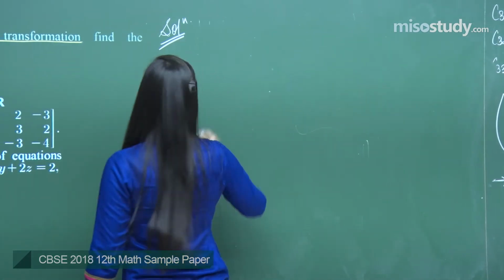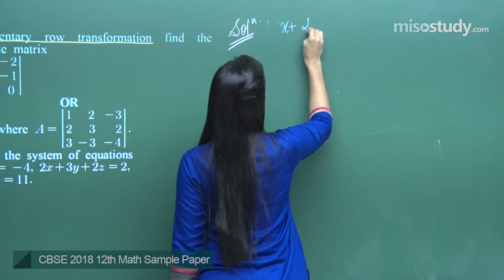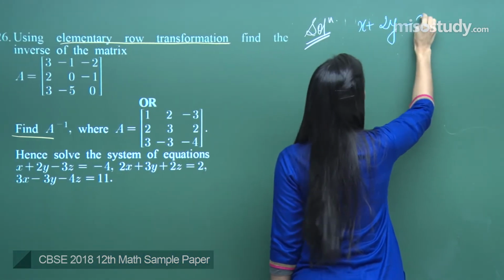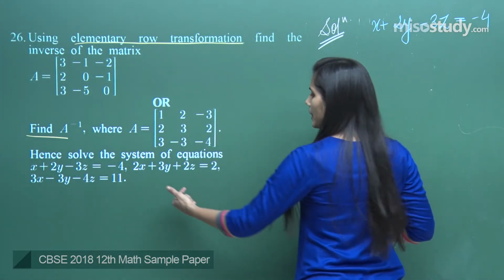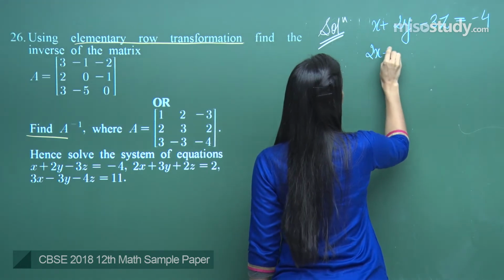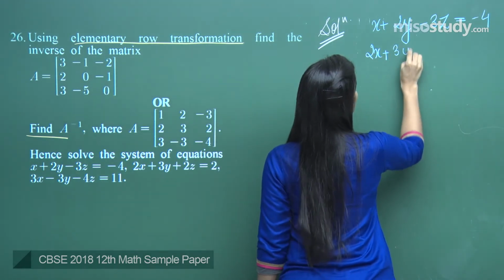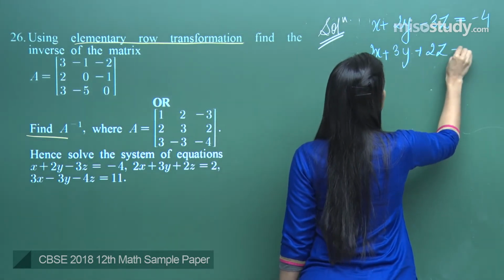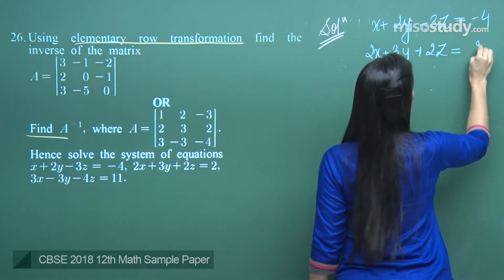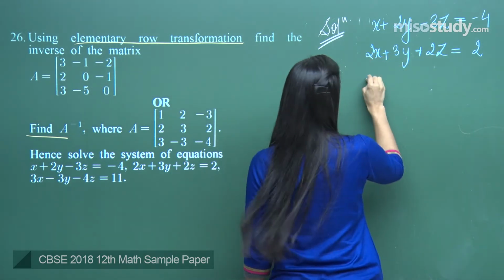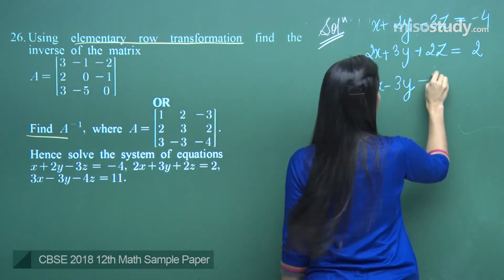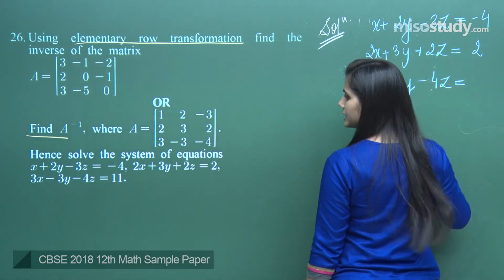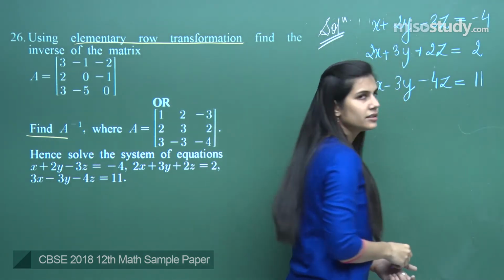The system of equations is x plus 2y minus 3z equals minus 4. Then you have 2x plus 3y plus 2z equals 2. And then you have 3x minus 3y minus 4z equals 11.